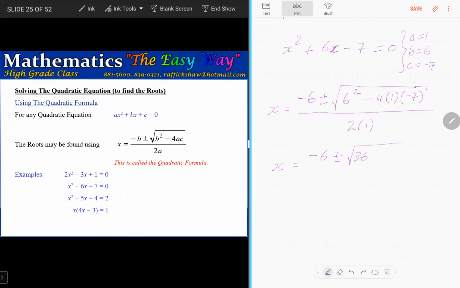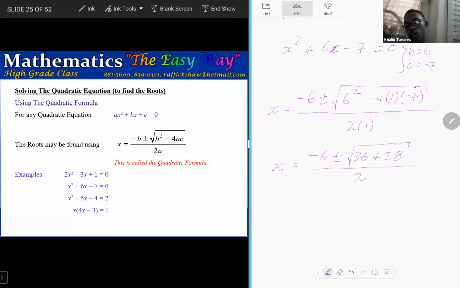So minus 4 times 1 is minus 4, then minus 4 times minus 7 is a positive 28. 7 fours are 28. All over 2. So far, so good? Yes, sir. I want to know that everybody is on track, you know.